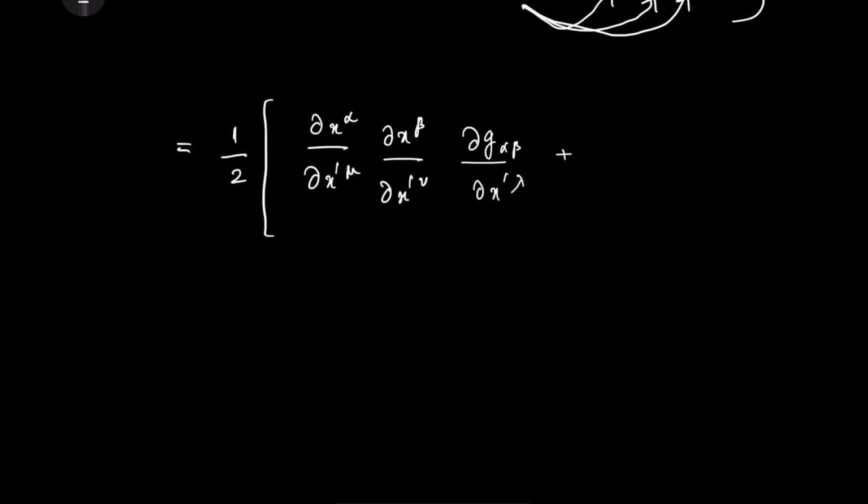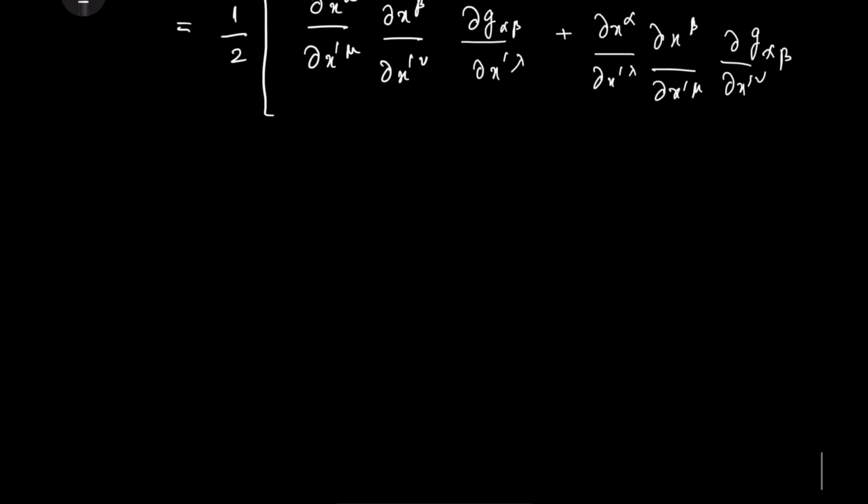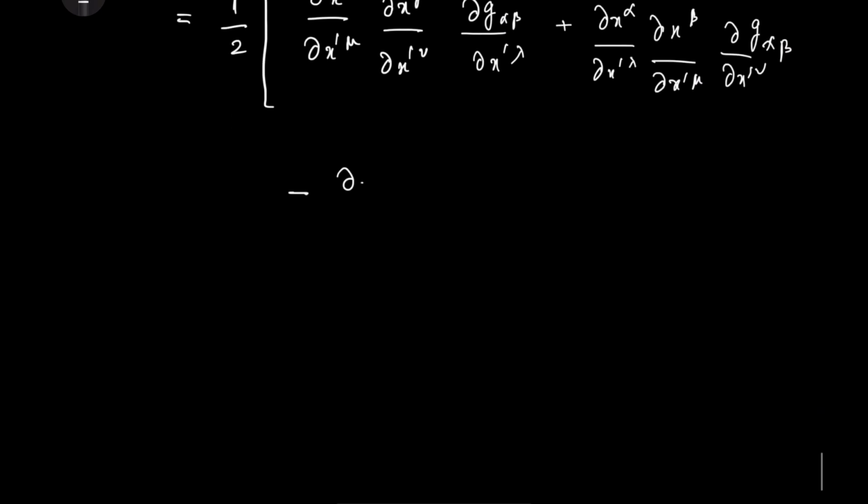Similarly, in the other term also I'll write all the other quantities as they are, and I'll take the derivative of g alpha beta. Similarly, in the last term also I'll write all the other terms as they are and the derivative of g alpha beta.